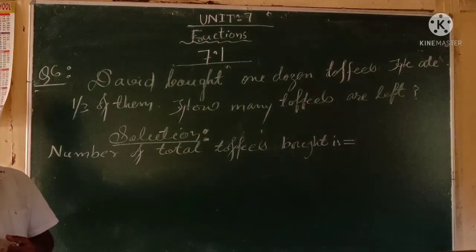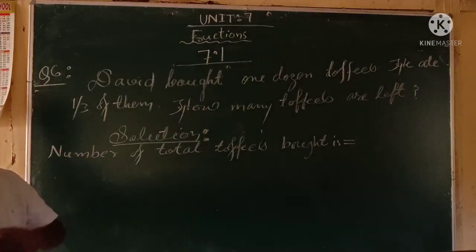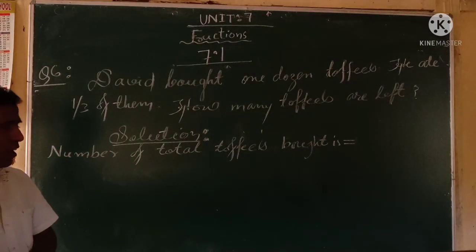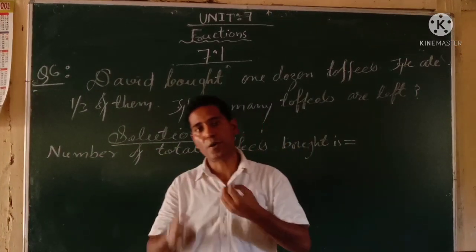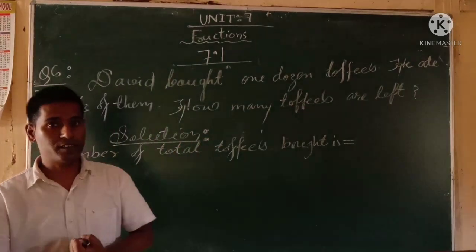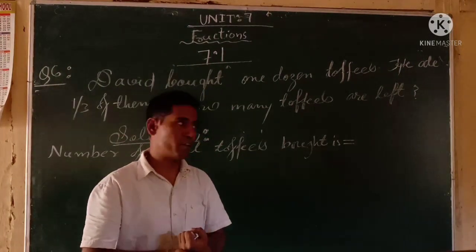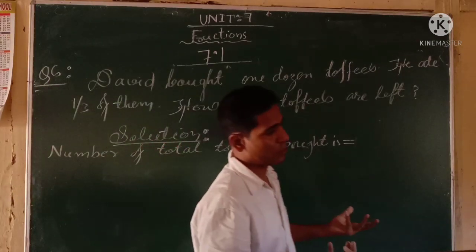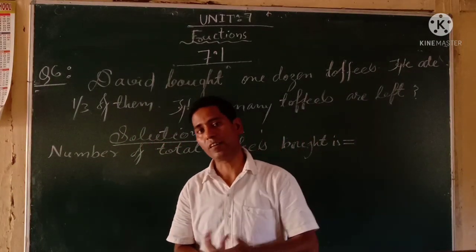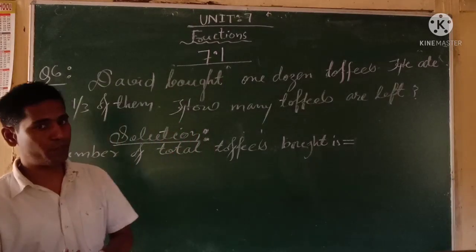That is given in the question. And the part of toffees eaten by David is also given, 1 by 3, and we will have to find out how many toffees are left.